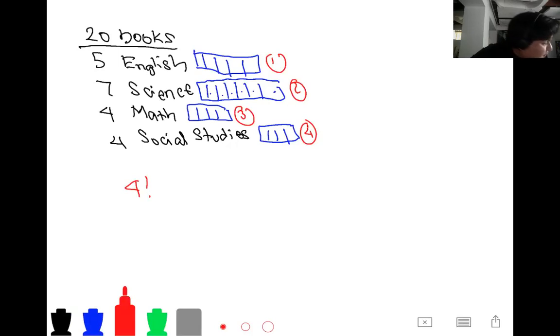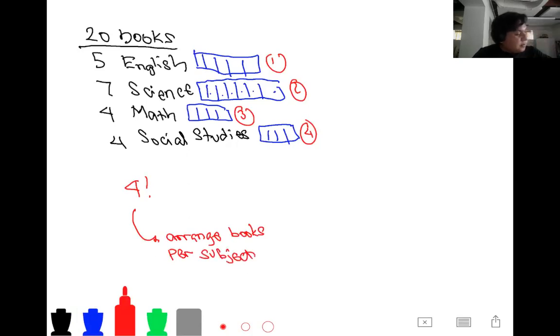So this one, arrange books per subject. All right? Now, 4 factorial is actually a very small number. Because 4 factorial is what? It's 4 times 3 times 2 times 1, which is 24.